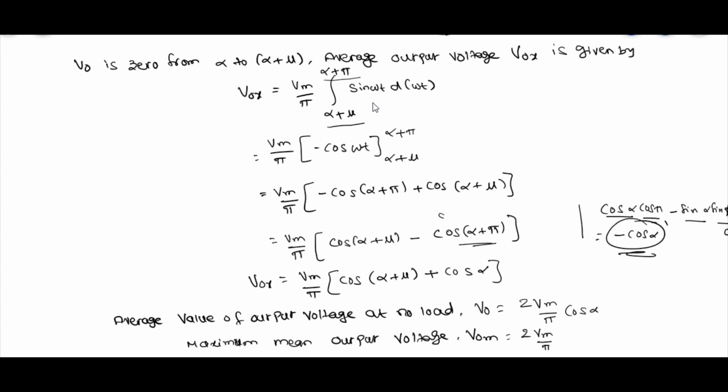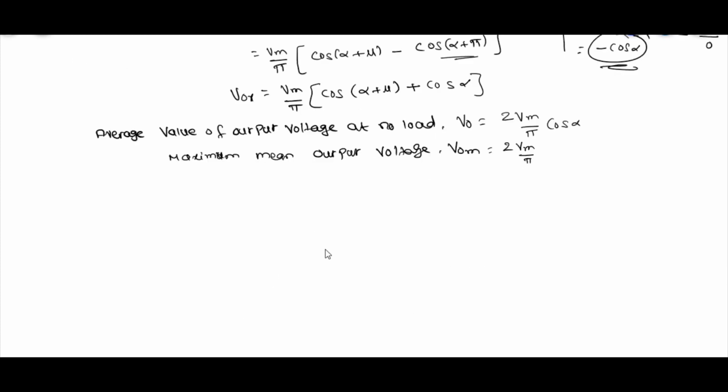Now, VOM equal to 2 Vm by pi. So what will be my Vm? It will be VOM by 2.